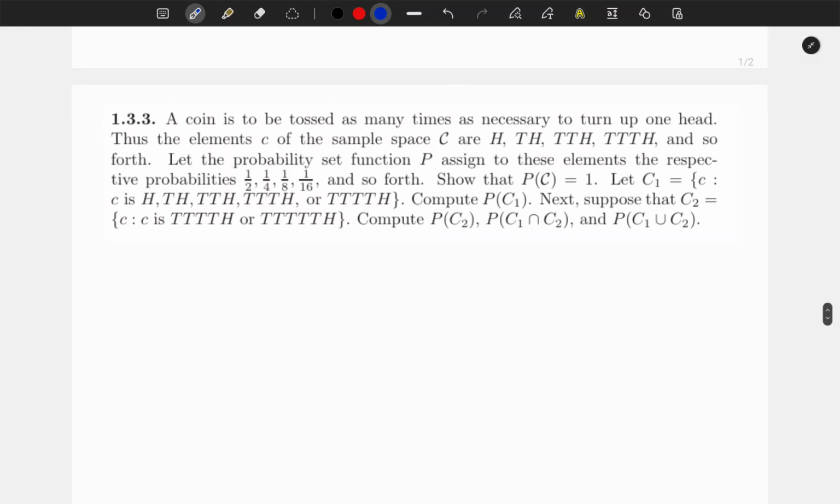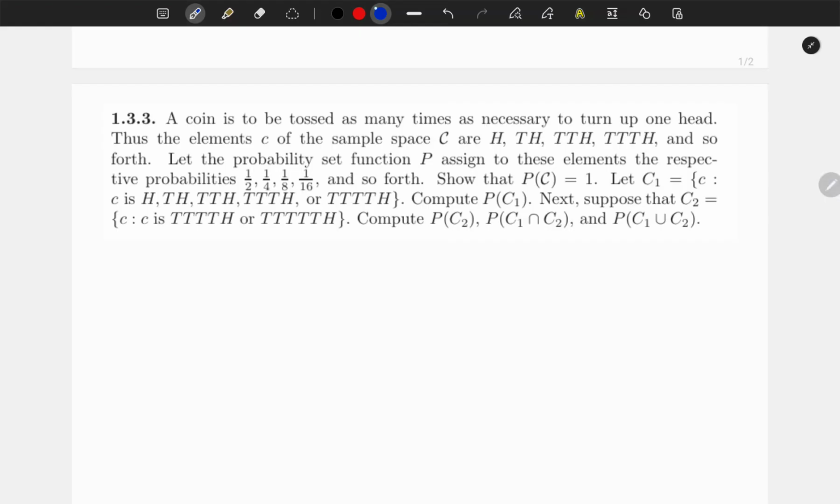You have to show that the probability of C equals 1. Then let C1 equal H, TH, and so on, and we have to compute the probability of C1. Next, suppose that C2 is given, and we also have to compute the probability of C2, the probability of C1 intersection C2, and the probability of C1 union C2.